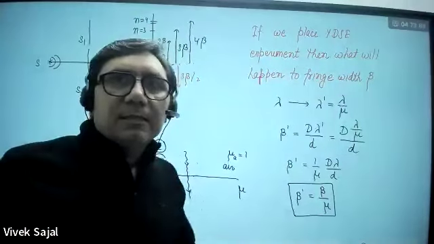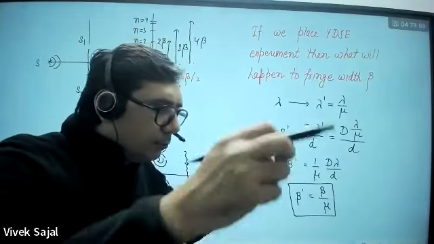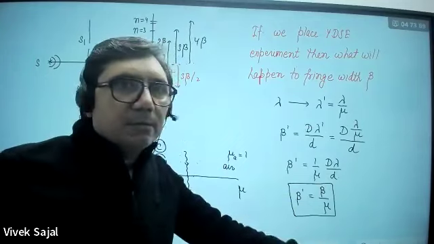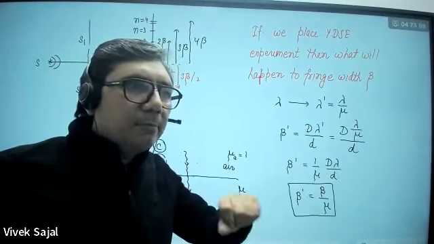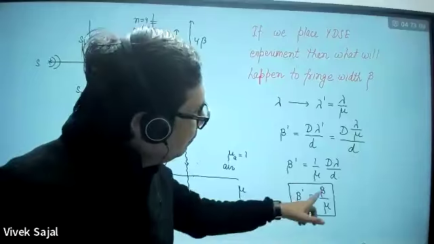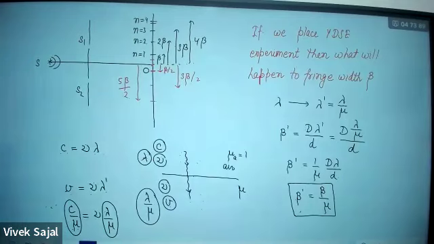Suppose there is a water tub, and you place that experiment inside the tub. Then you will find that beta will appear as beta prime, and beta prime will be beta upon mu. So fringe width will be reduced by a factor of 1 by mu. Is it clear to everyone? Yes, sir.